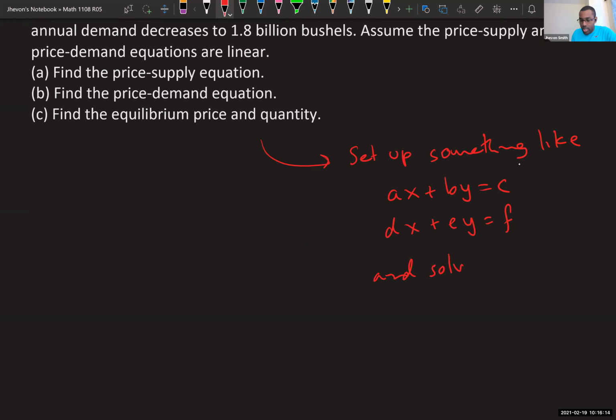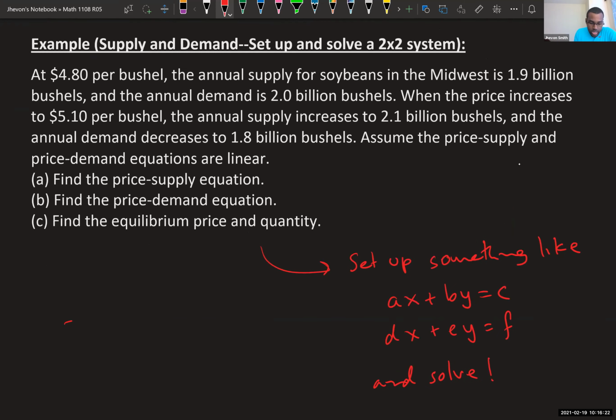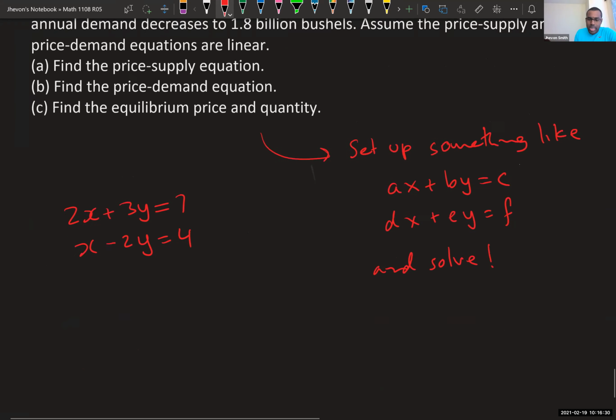By addition, elimination, or substitution, or whatever your fancy is. So these are systems of equations like 2x plus 3y equals 7, x minus 2y equals 4. I'm just randomly making something up.